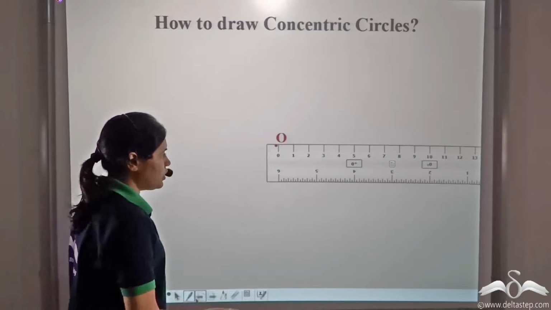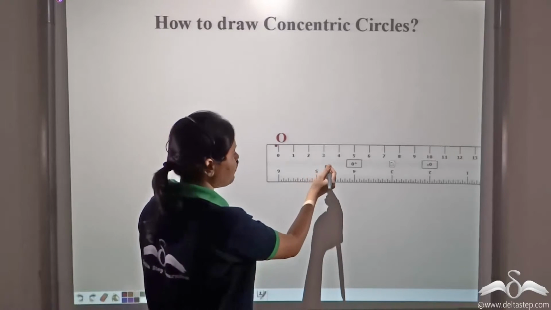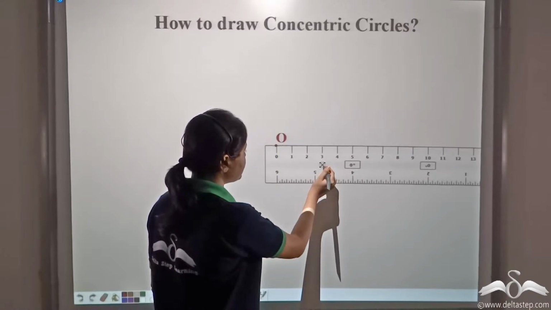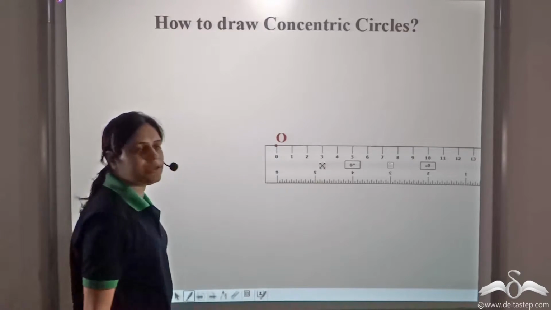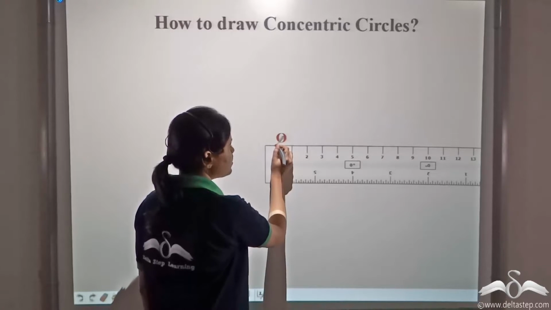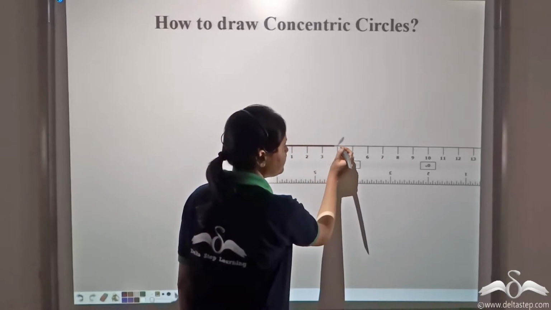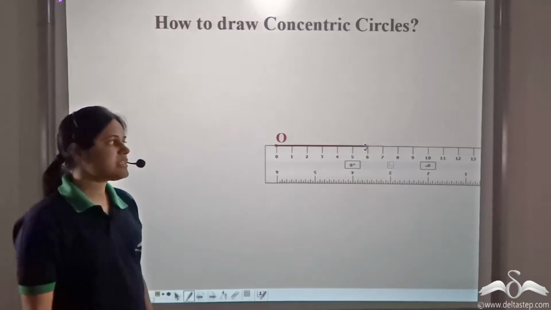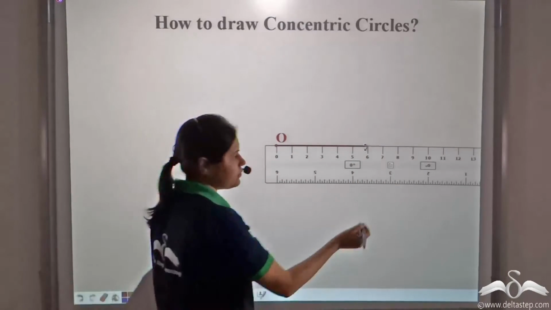So we take this ruler and from the center, keeping the zero of this ruler at the center, we mark 6 centimeter, the point corresponding to 6 centimeter. So this line is 6 centimeter.